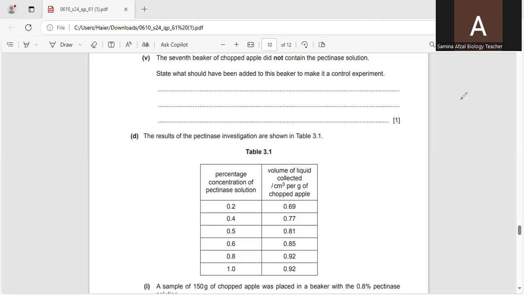In 6 beakers we had added the pectinase enzyme, but in the 7th we have not added any pectinase. So here we can add water into the 7th beaker.